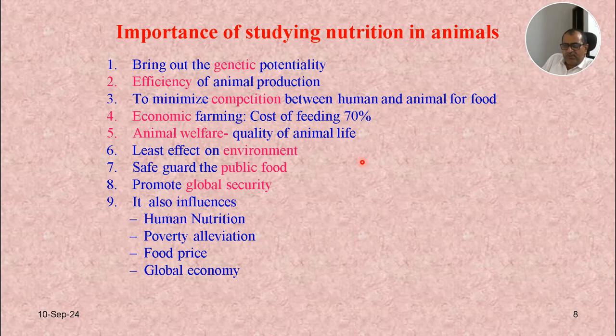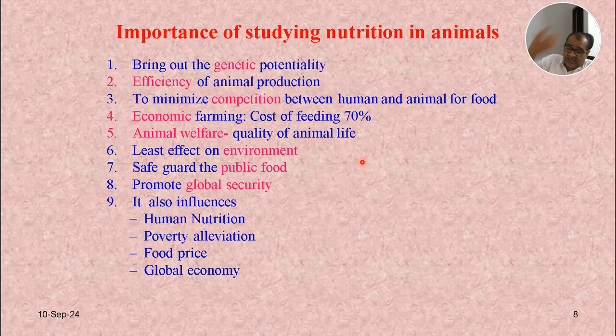Of course, we are providing food from agricultural origin too, but we need to be careful while providing food from animal origin, because there is always a chance of certain zoonotic diseases, meaning diseases which are transmitted from animals to human beings.